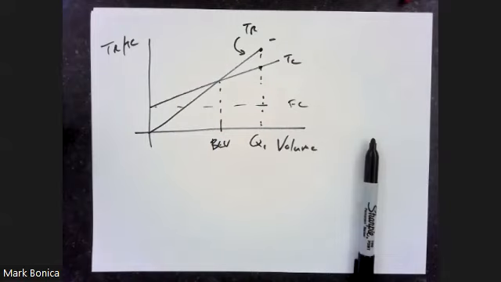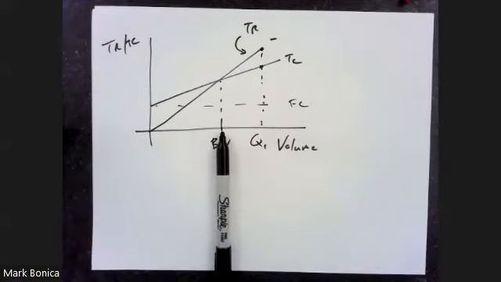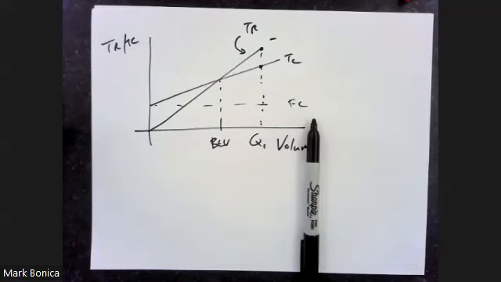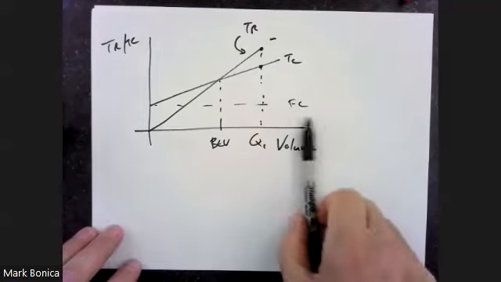So at this volume, I've earned enough money to pay my rent, pay my fixed salaries to my administrative staff, for example, my nurses, anybody else who is full-time and doesn't earn their income based on how many RVUs they're making, right? When I cross that point, now I'm making profit because I have broken even. I have covered all of my fixed costs, and everything after that is profit.